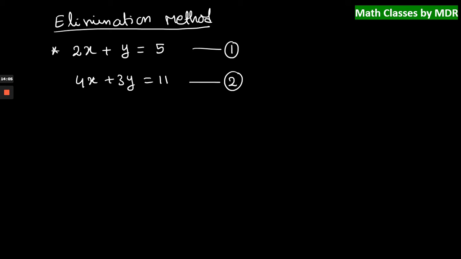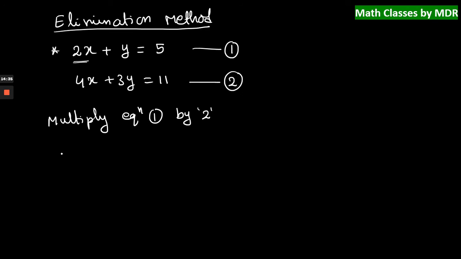So in order to make the x coefficient 4 in the first equation, what to do? We have to multiply with 2. If you multiply this 2x by 2, you'll get 4x, so that x coefficients will be same. Then we simply multiply equation 1 by 2, both the sides.